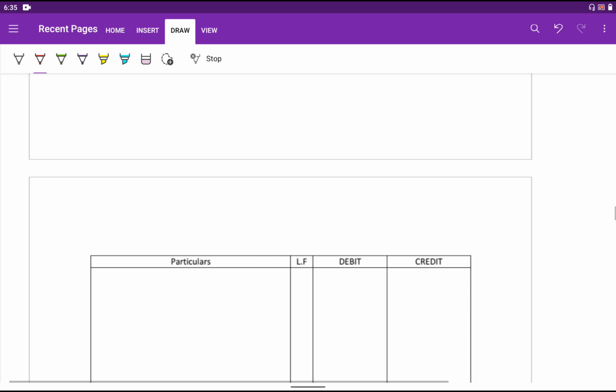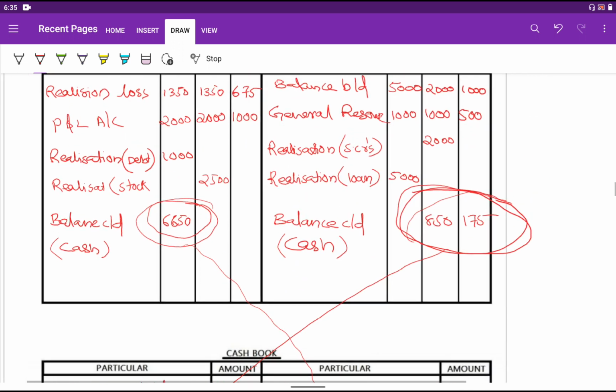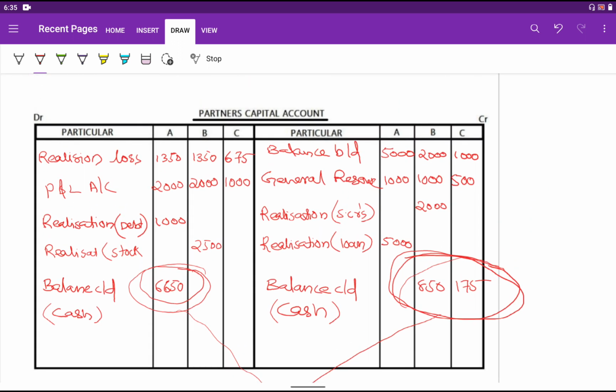We can just look at the capital account. What is there in credit side of capital account: general reserve, the realization sundry creditors, loan, these three items are there. And in debit side profit and loss account, the realization debtors, stock are there.